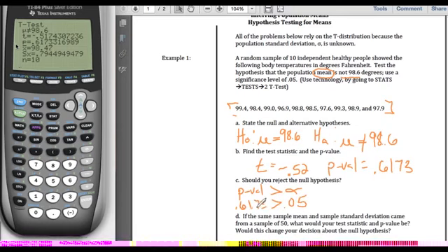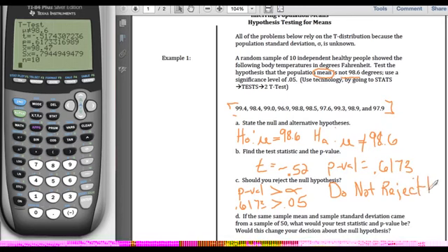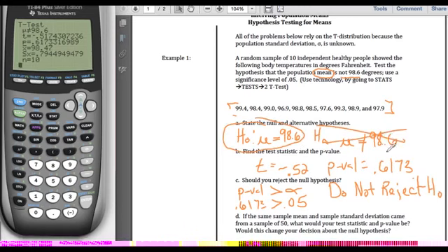When the p-value is greater than alpha, just like we saw back in chapter 8, we do not reject H0. You can say you do not reject or you fail to reject H0. There's not enough evidence to reject this. Therefore, we don't think the temperature is something other than 98.6.